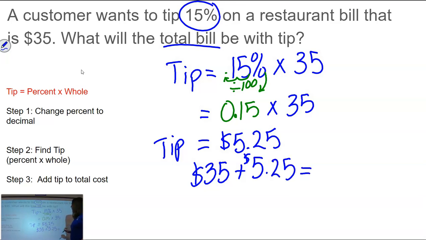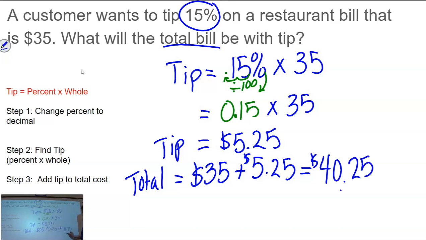Total equals 35 plus 5.25, so that would be $40.25 is my total bill.